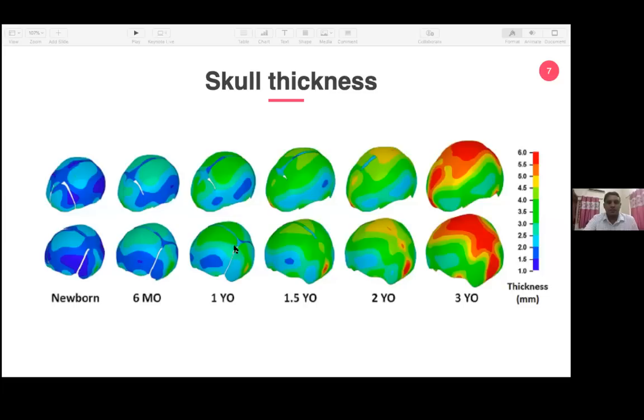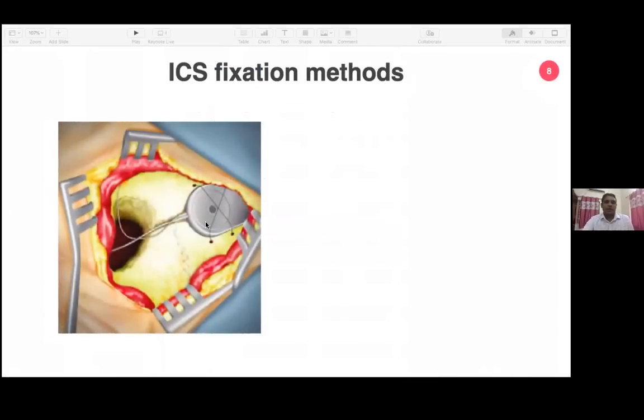The bed which is made for a cochlear implantation receiver stimulator may not be made more than 2 or 3 millimeters, and it also depends upon the profile of the cochlear implantation receiver stimulator. Now, if you have to do a cochlear implantation in a very young age group and the skull thickness is very, very less as compared to the implant profile.